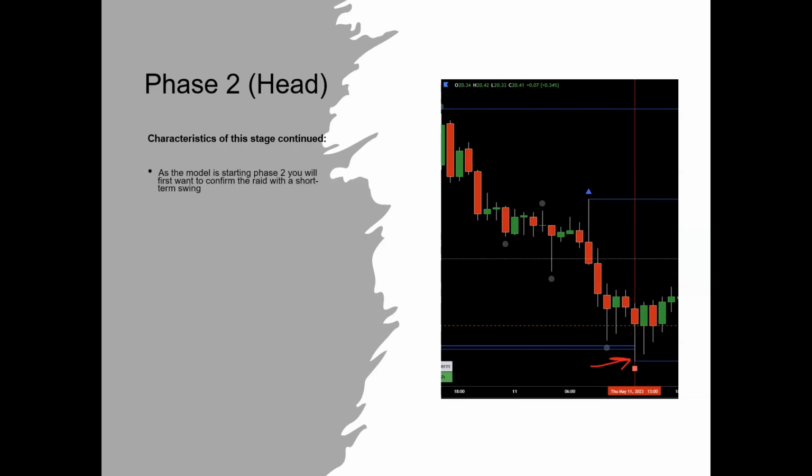So as the model is starting on phase two, you'll want to confirm the raid as a short-term swing. Very important, okay? Then after, you'll want to wait for another short-term swing to form to the right of it, right? Because when it forms to the right of it, then that will make our anchor an intermediate high or low, okay?